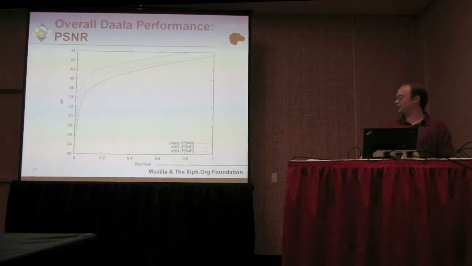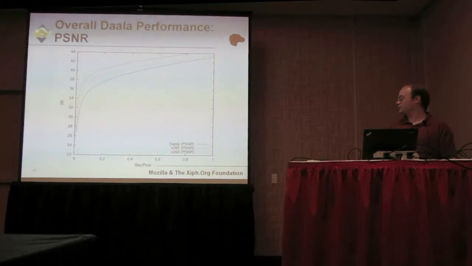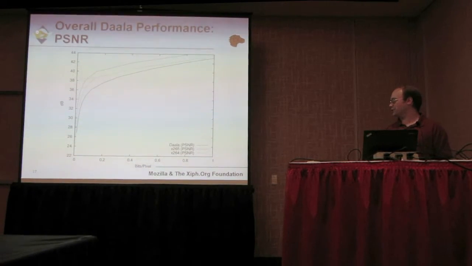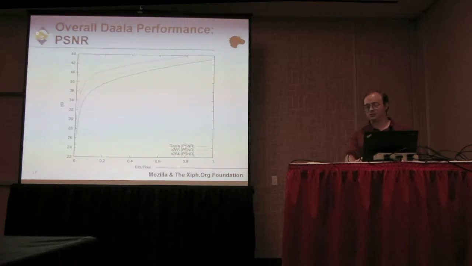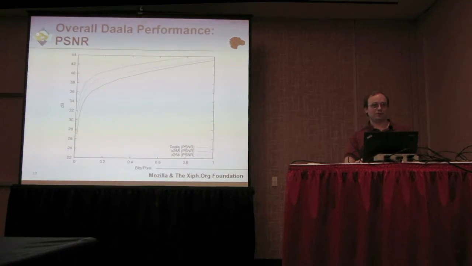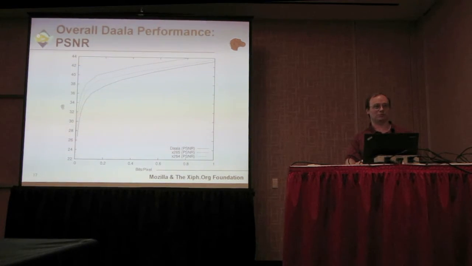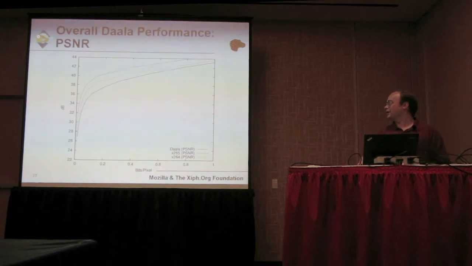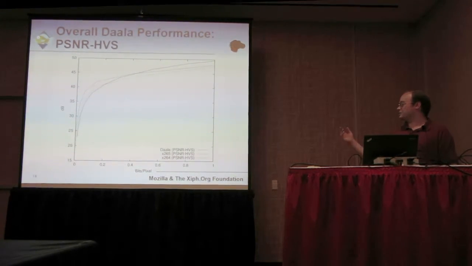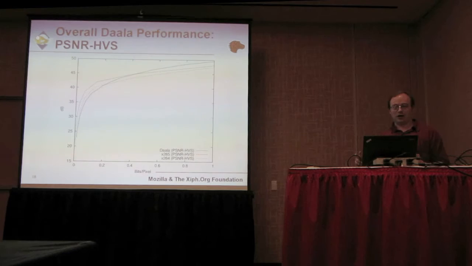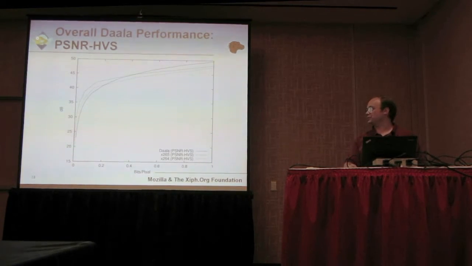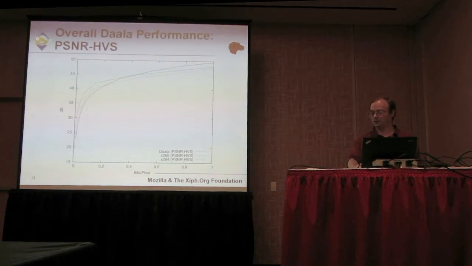So to give you some idea of the overall performance, currently Daala does significantly worse than 264 and 265 in terms of PSNR, but if you saw the PVQ talk earlier, that's not that surprising because we do a bunch of things that actively harm PSNR, like activity masking. If you look at some of the more perceptually oriented metrics like PSNR-HVS, we start looking a lot better.